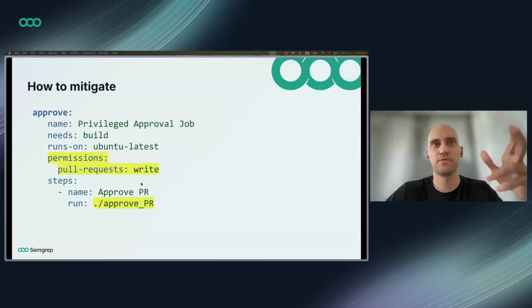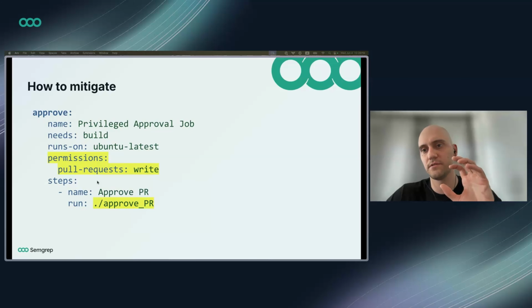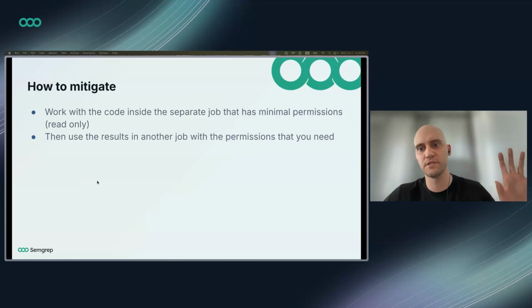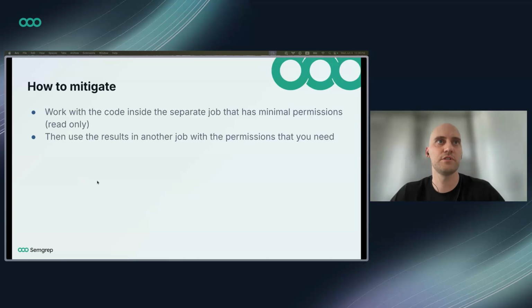So we will approve this PR with the right permissions to do it, but the code execution will happen in a safe place. So yeah, that's my suggestion on how to mitigate it. Work with the code inside a separate job that has minimal, read-only permissions, then use the result in another job with permissions that you actually need.